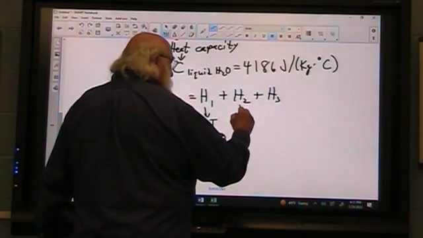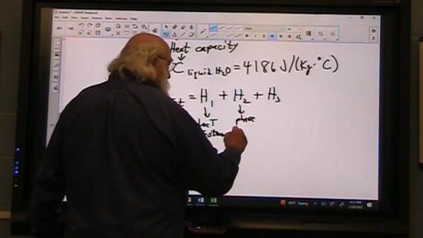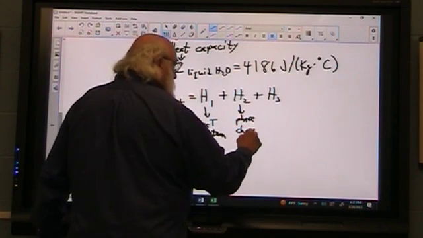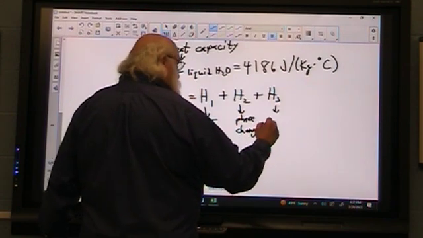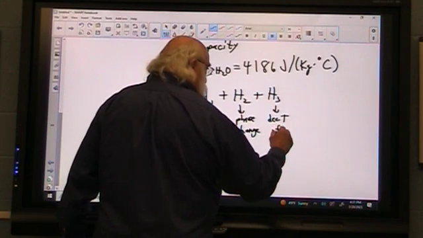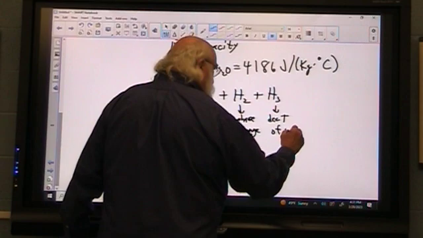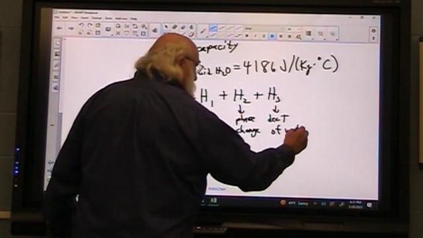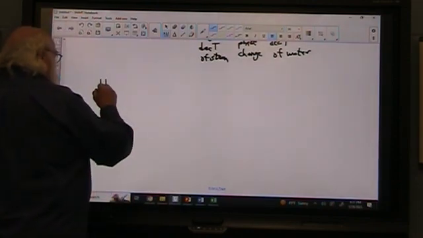This is the phase change here from steam to liquid water. And this is going to be the decreased temperature of the water from 100 to 60 degrees. So we have to calculate all three of these. So let's do H1 to begin with.